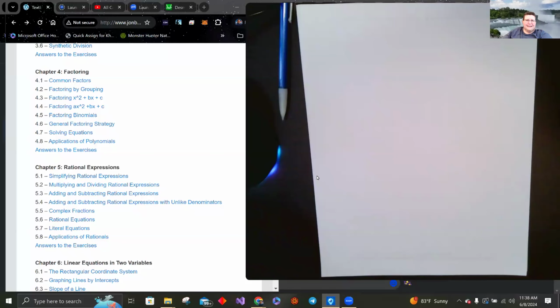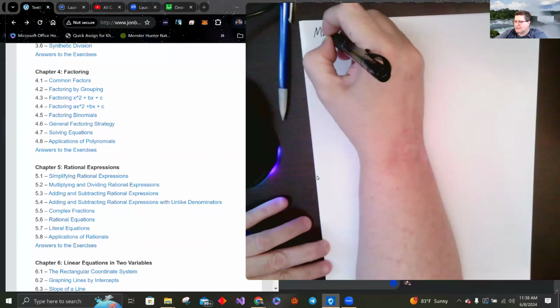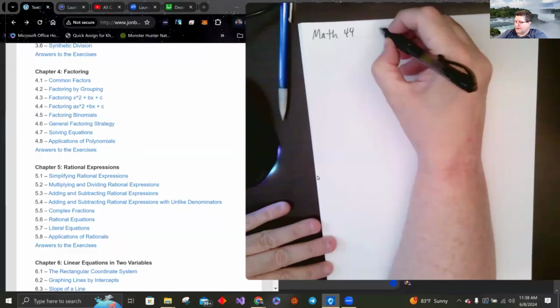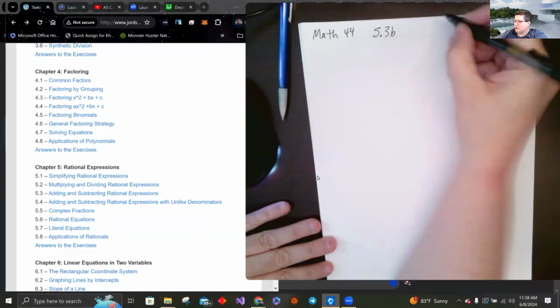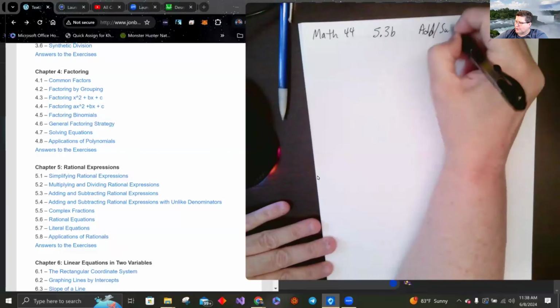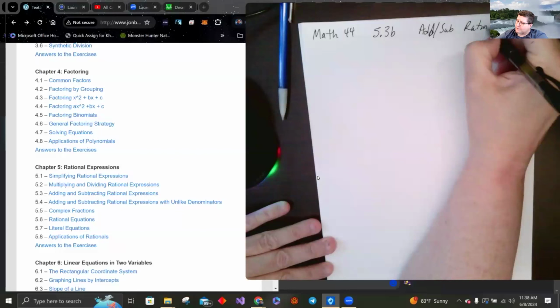We are going to continue on adding and subtracting rational expressions. This is 5.3b. Here we're going to add and subtract rational expressions with different denominators.